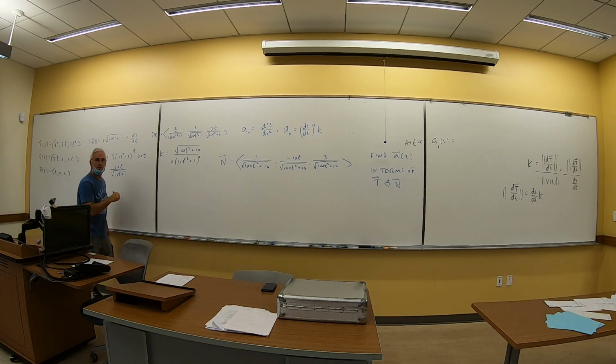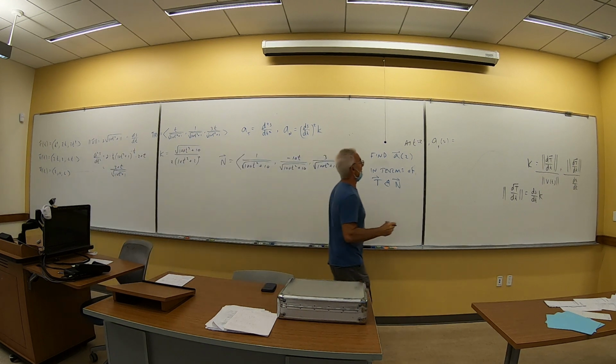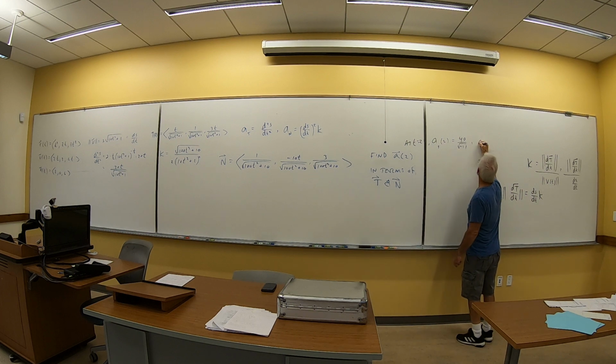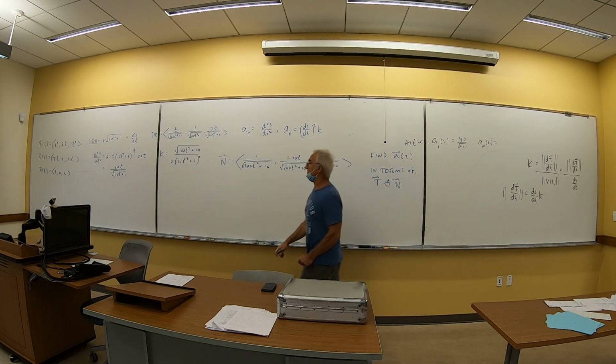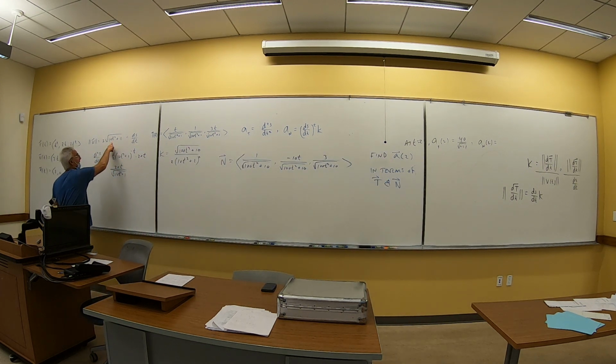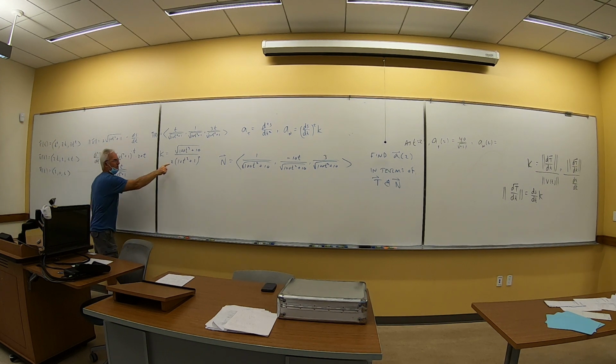Root 41. But what's the quotient? Oh. 40 over root 41. 40 over root 41. Probably something ugly. And A_N evaluated at 2 is, now A_N is a little bit more work because what do I got to do? I got to put it in here, square it, and put it in here. But it turns out it's probably not going to be all that bad, because when I square this, won't it cancel with one of these?